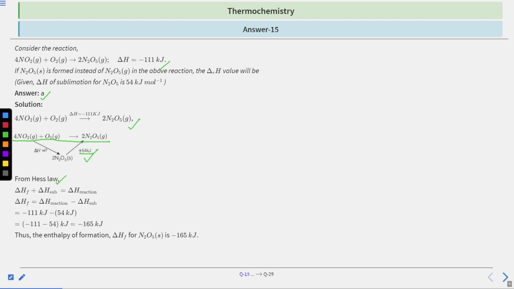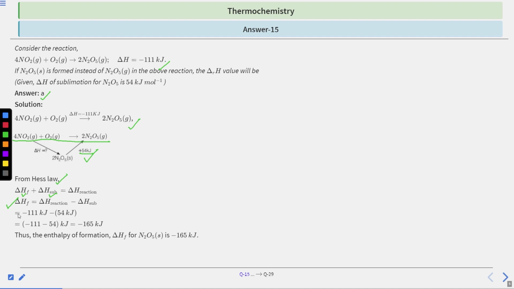So we apply Hess's law here. Hess's law says that the overall enthalpy of a reaction is the sum of the individual steps' enthalpies. So the enthalpy of formation plus enthalpy of sublimation will give the enthalpy of reaction, which for this reaction is minus 111 kilojoule. On putting the values, we have to find the enthalpy of formation. So we take it on the left hand side, and the other things will be on the right hand side: del H of reaction minus enthalpy of sublimation.